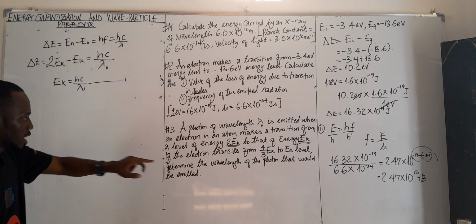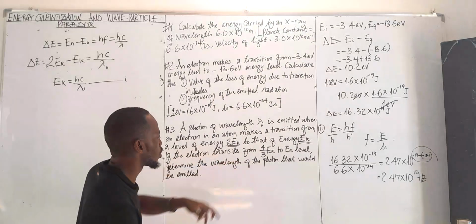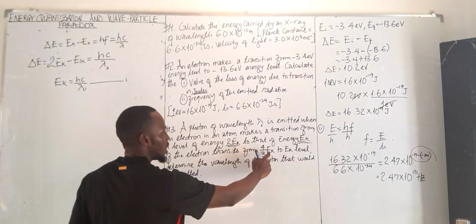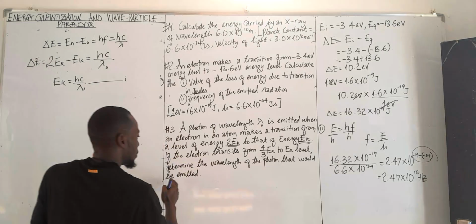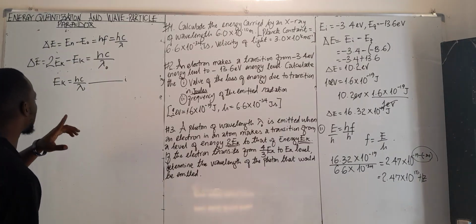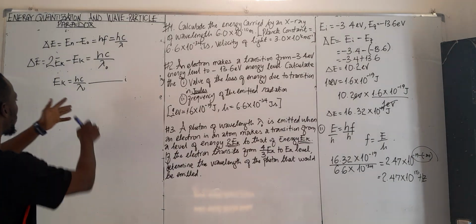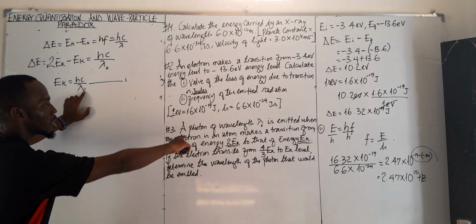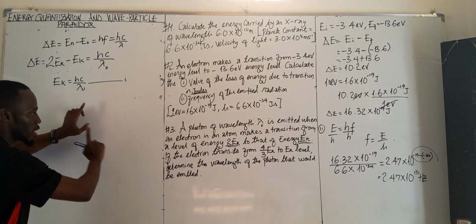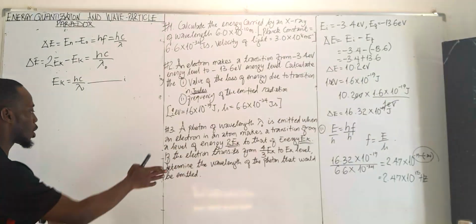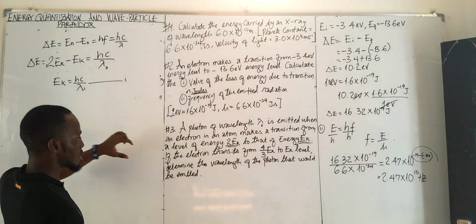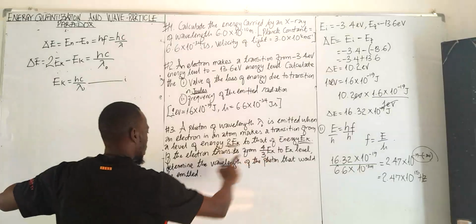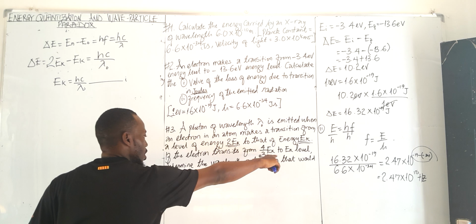Let me talk about the next one. Now, if the electron transitions from 4/3 EK to EK level, determine the wavelength of the photon that will be emitted. The first instance is from 2EK to EK, which emitted lambda naught. Now, the second instance is from 4/3 EK to EK.